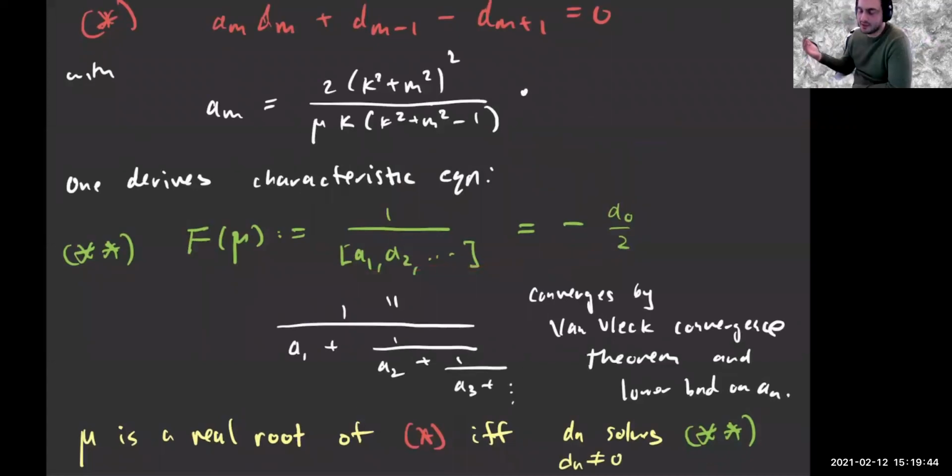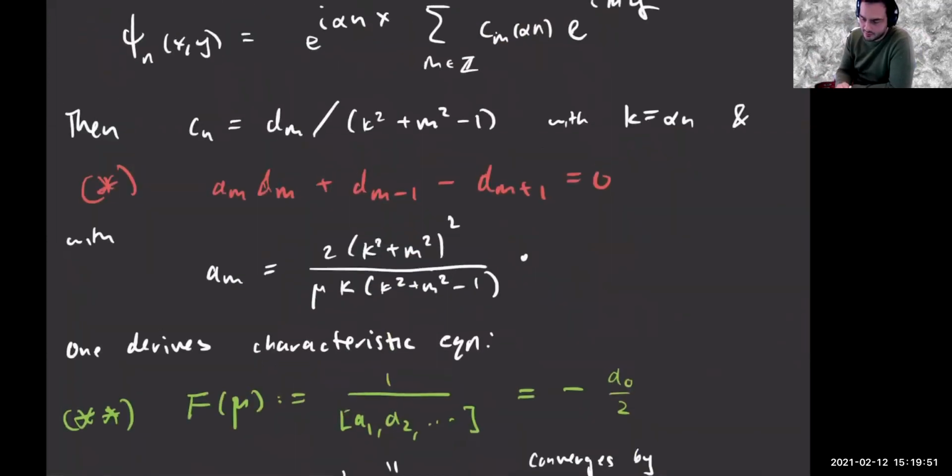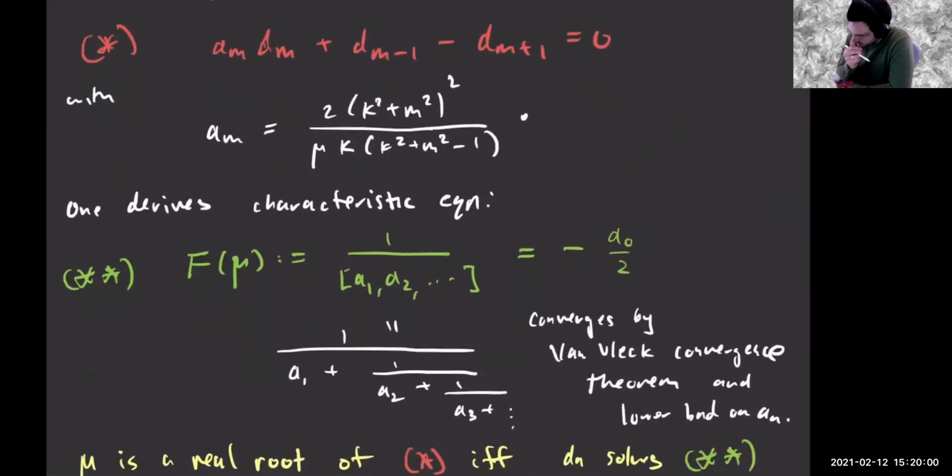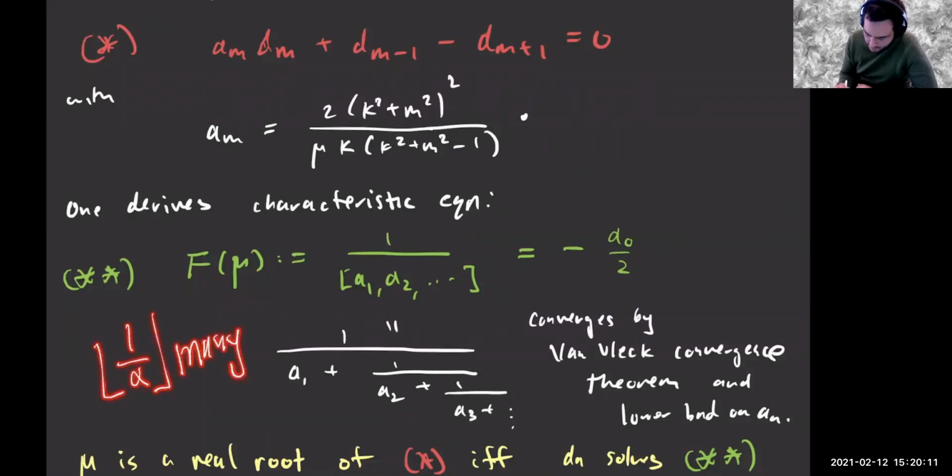If you do so, then the dn defined appropriately solve this recursion relation, and therefore phi n is an eigenfunction with this eigenvalue mu. And Yudovich has an argument to prove that, in fact, there exist exactly the floor of 1 over alpha, of this number, many real roots to this equation.